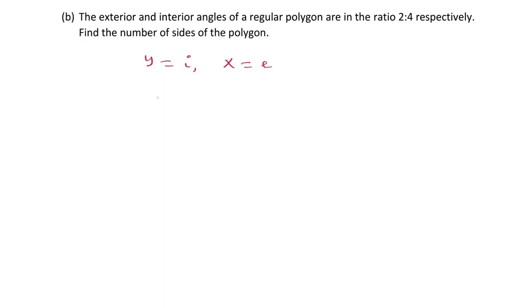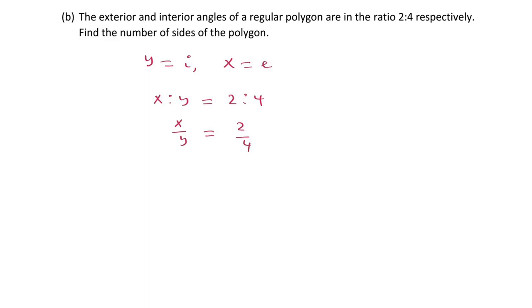Okay, so now we are going to have x ratio y equals 2:4. Okay, so now let us express this as a fraction. Then our equation is going to be x over y equals 2/4.